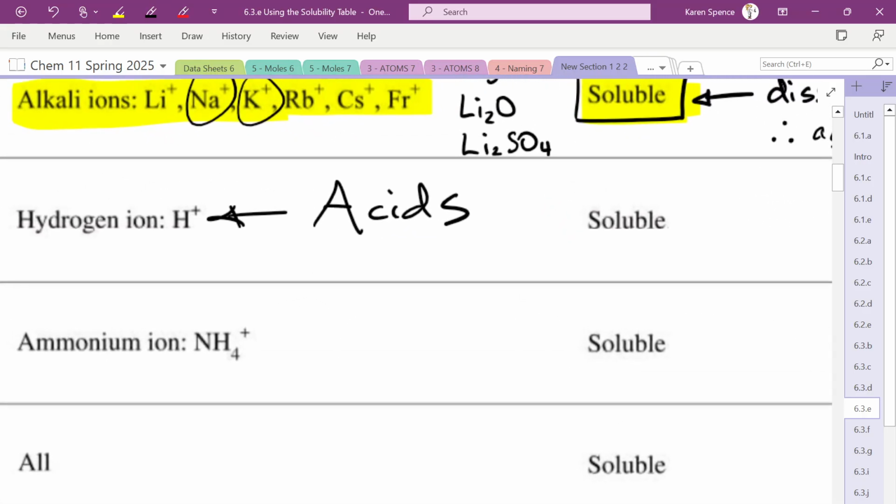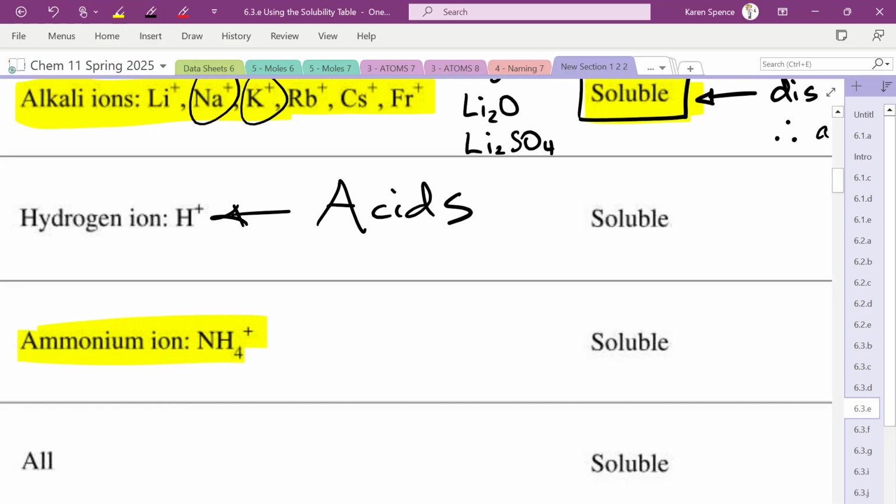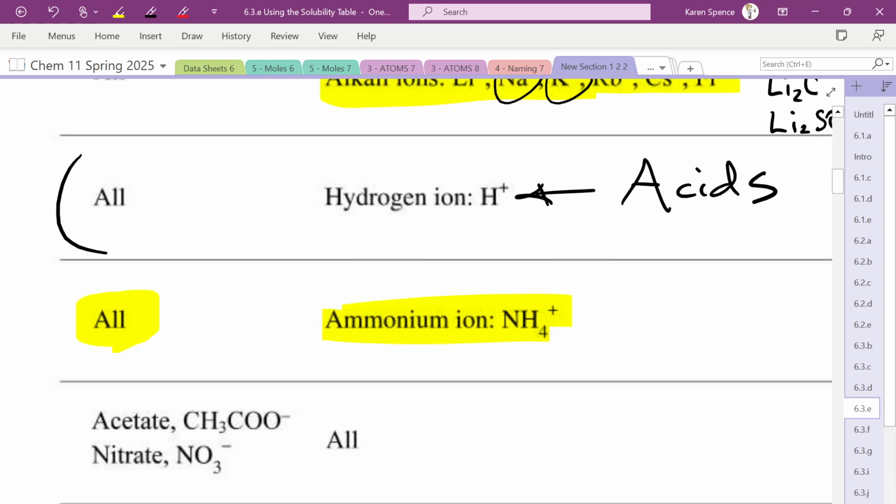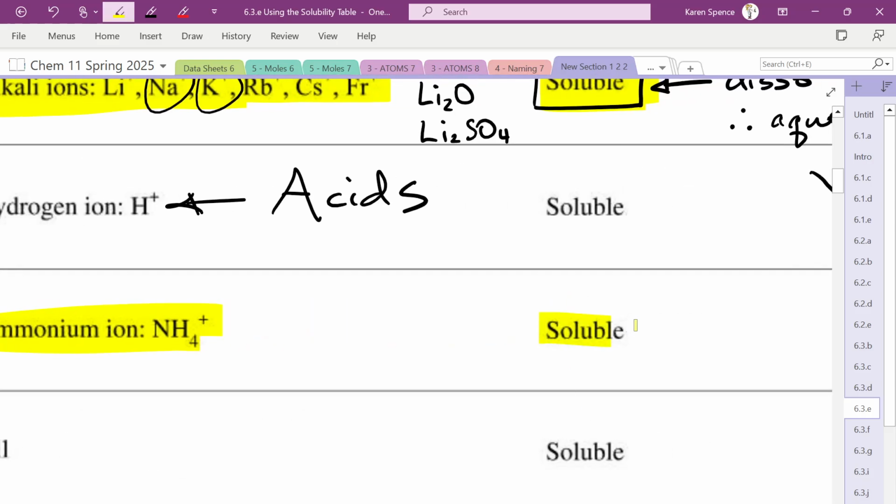Ammonium, just like the alkali ions, when we put it with all other anions, it is going to be soluble. So it doesn't matter what you put it with. If you have NH4, pick an anion, any anion, what would you like?